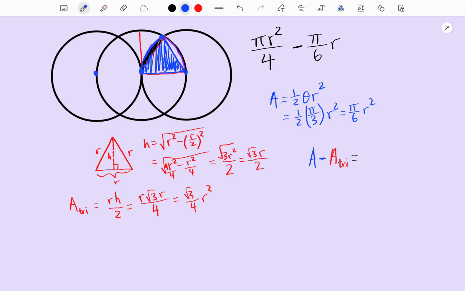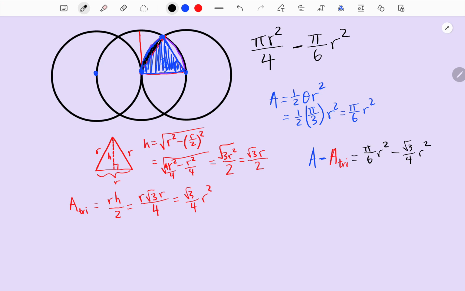Anywho, let's go back. So blue area minus the area of the triangle, so we get pi over 6 r squared, so this should be squared, and then subtract the area of the triangle, which is root 3 over 4 r squared. Okay, we can totally just factor out the r squared, or you can keep it.